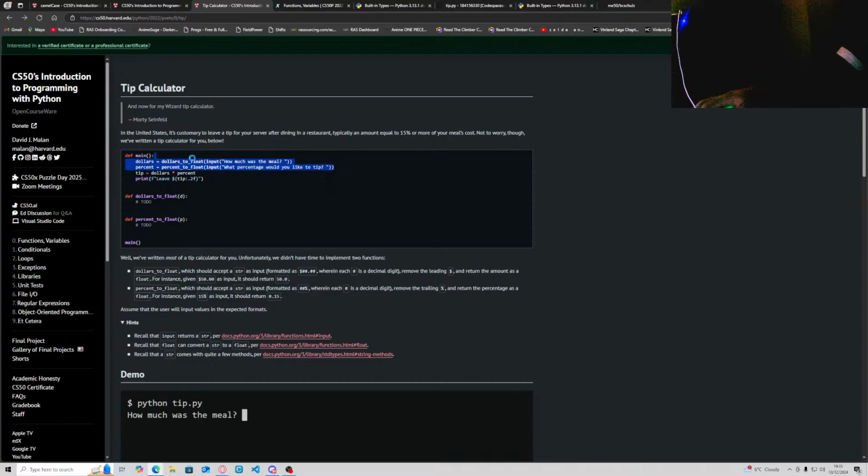When I put these two inputs in, this function, which gets referred to here, converts the string into an integer. So I put in $20 as a string with the dollar sign, and it converts that to 20. This converts the string into an integer, which is a percent.